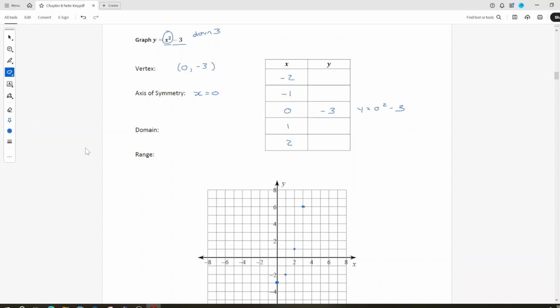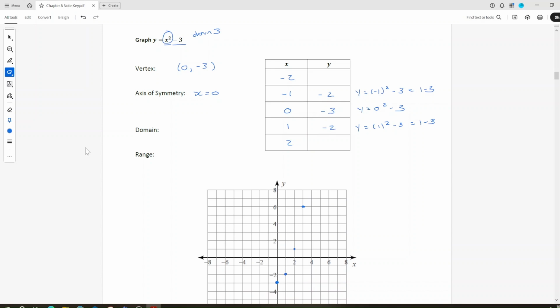If you don't know what I'm talking about, just keep plugging in these values of x. You're going to have negative 1 squared minus 3, which is 1 minus 3, which is negative 2. When you plug in positive 1 squared, you're also going to get 1 minus 3 is negative 2. So my next point is at 1, negative 2.